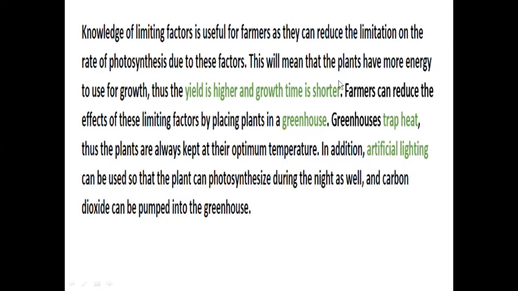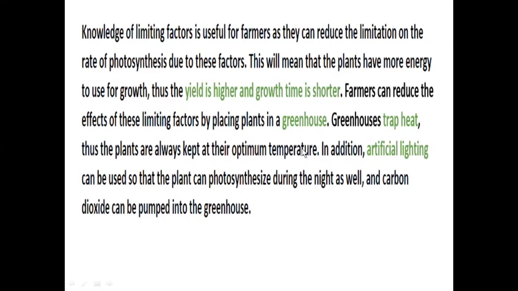Farmers can reduce the effect of these limiting factors by placing plants in the greenhouse. They put some plants in the greenhouse, meaning the plastic house. What is the property of the plastic house? It absorbs the sunlight, and once the light is absorbed, the greenhouse traps the heat, and thus the plants are always kept at their optimum temperature.